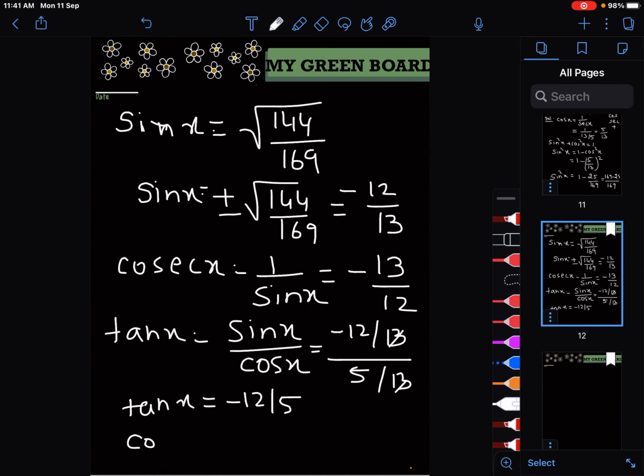In the same way, cot x value is 1 by tan x, equal to minus 5 by 12.